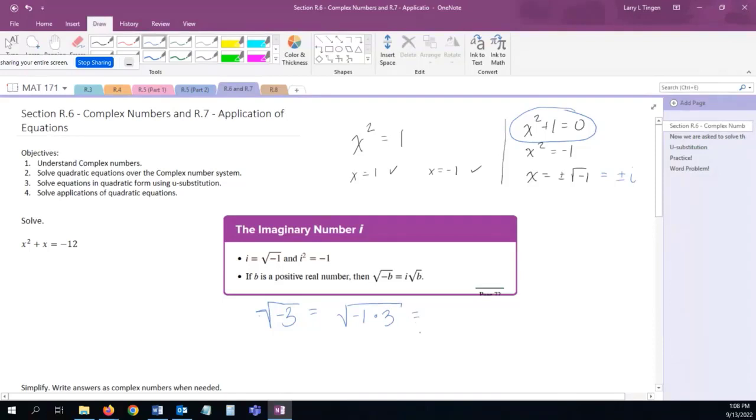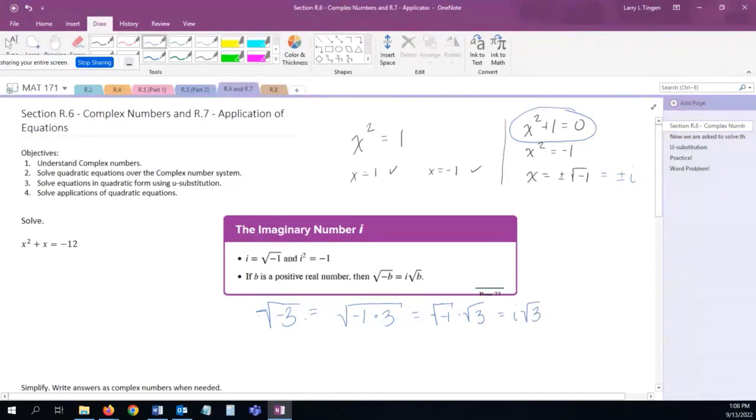And if I have the square root of a product, I can rewrite that as the product of square roots. I know that the square root of -1 is i, and the square root of 3 is the square root of 3. Can't do anything else with that.